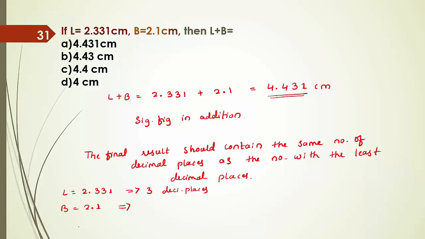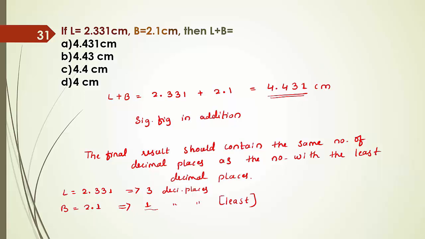How many digits are there after the point? Only 1 decimal place. So 1 is the least decimal place. According to significant figures in addition and subtraction, the final result should contain the same number of decimal places as the number with the least decimal places.